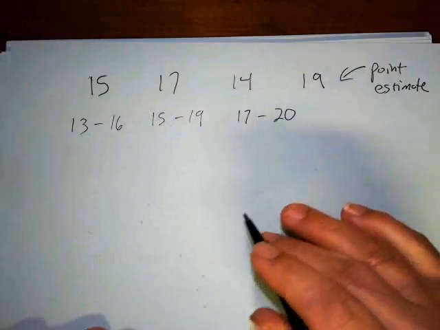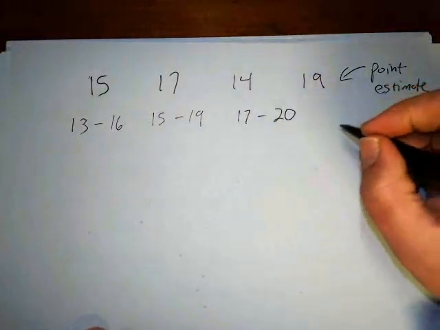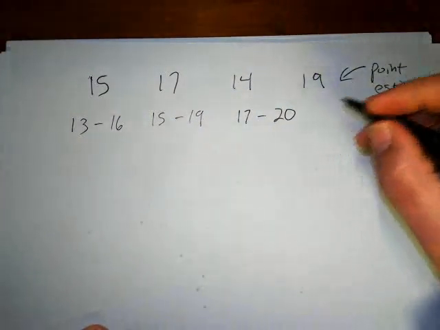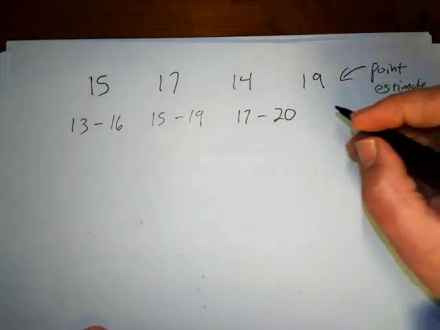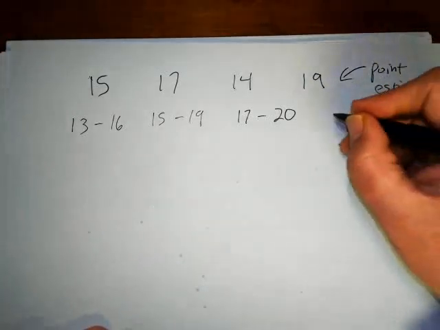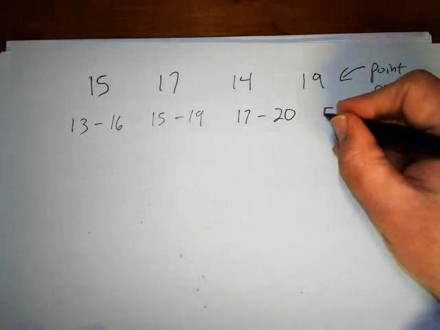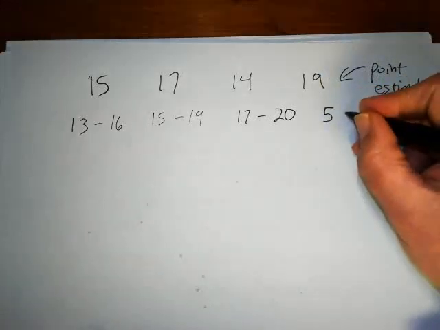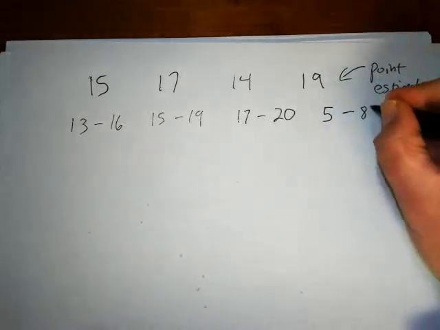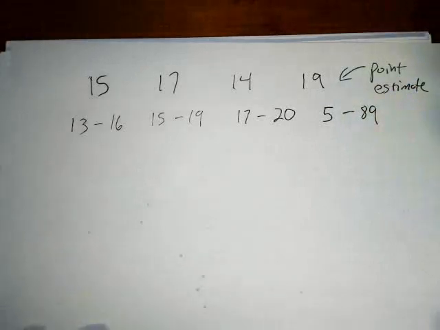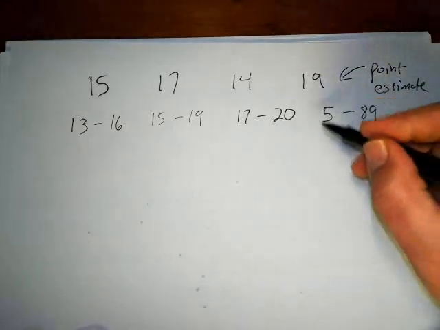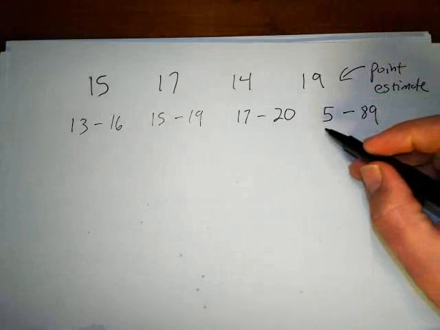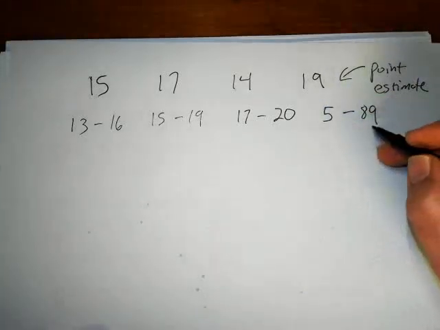And after a while, there might be a student in the class, or possibly even myself, who will throw out this for an estimate. What do you think about this? I'm somewhere between the age of 5 and 89 years old. Okay? Which is kind of silly here, because this is such a bad estimate, isn't it?